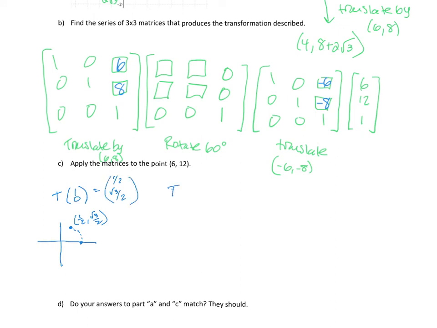And then T of 0, 1, where does that land when you rotate it 60 degrees? So here's 0, 1, rotate 60 degrees. That is on the unit circle. And I believe it is -√3/2, 1/2.